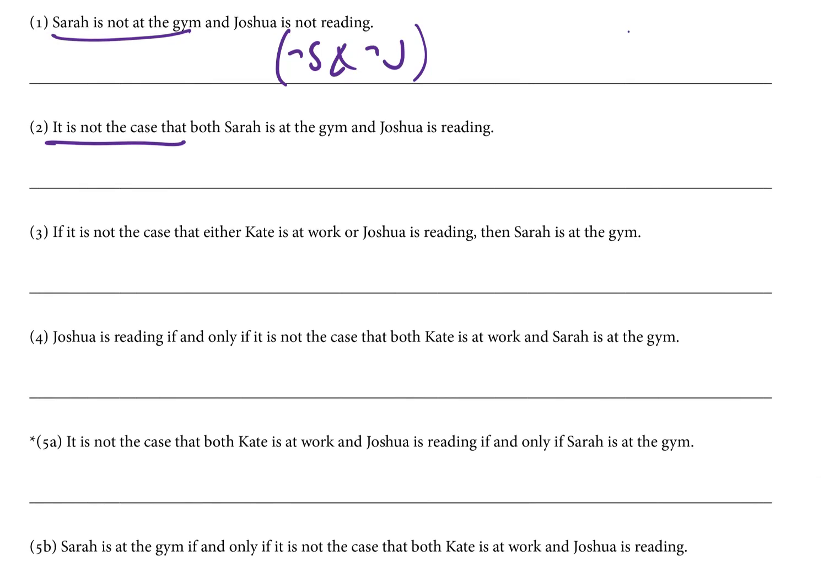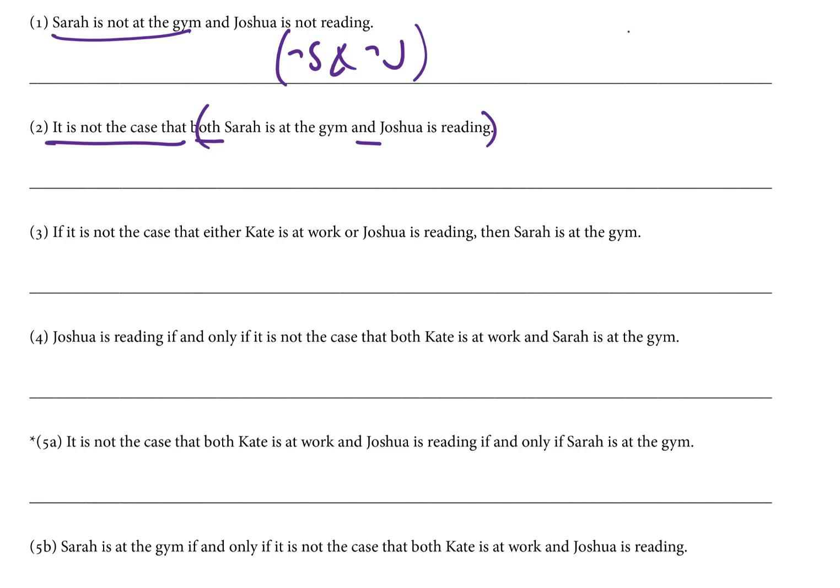Okay, so for number 2 here, we have it is not the case that both Sarah is at the gym and Joshua is reading. So we have a both and an and. So this part of the sentence is going to be a conjunction, and then the not is going to go outside these parentheses that I've put right here on the English sentence.